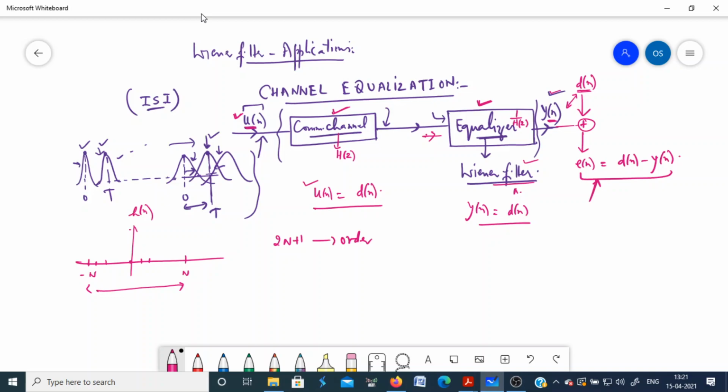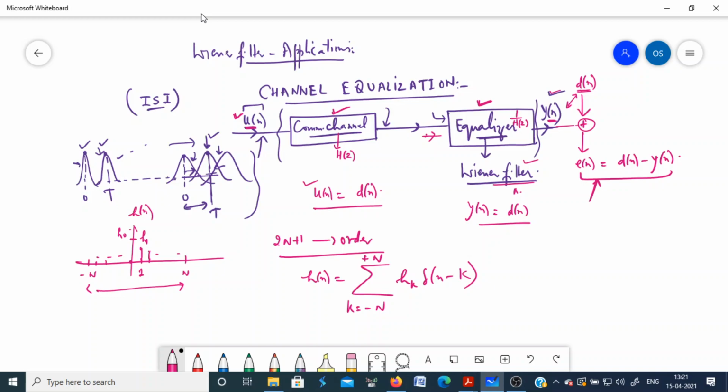So the impulse response of this filter, let us suppose it is hn, I can write it as the summation of hk delta n minus k, k from minus n to plus n. So it is h0, h1, h2 and so on. At n equal to 0 you have some value h of 0. Then for n equal to 1 you have some filter coefficients h of 1, h of 2 and so on. Similarly h of minus 1 and so on.